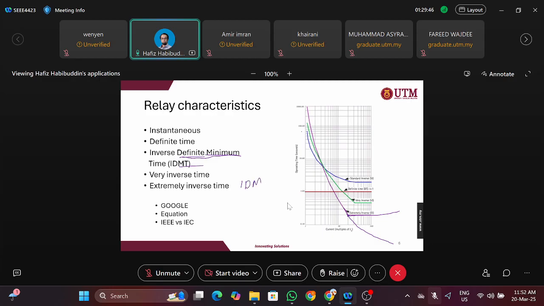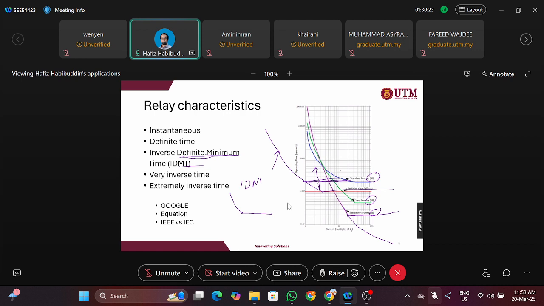You have inverse part here and a definite minimum time. So there are two things here. First, the inverse part can be adjusted, whether it is standard inverse, very inverse, and semi inverse, and it has a definite part, which also can be adjusted. Okay, so the curve will be inverse and definite time. Right? I guess as for the characteristic, you're clear.